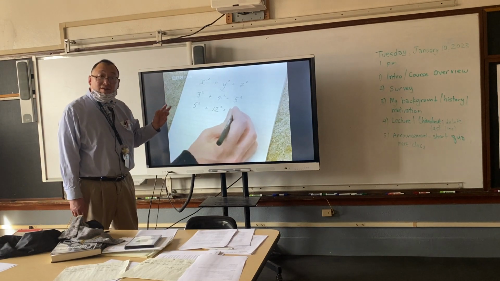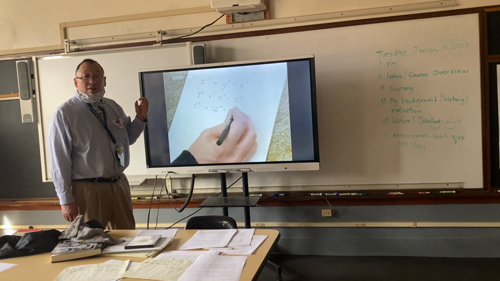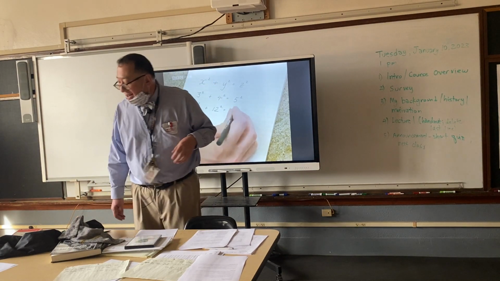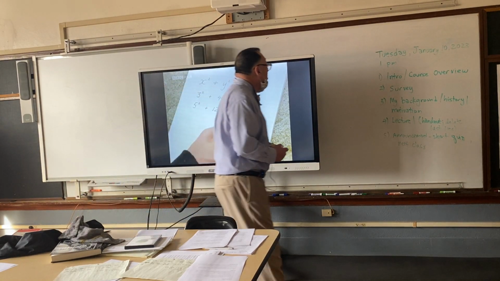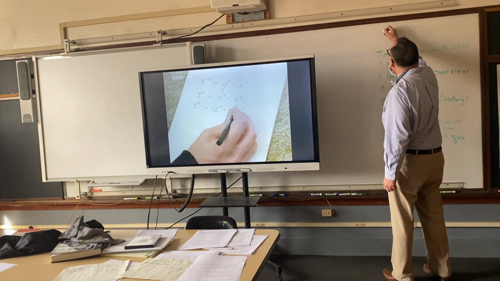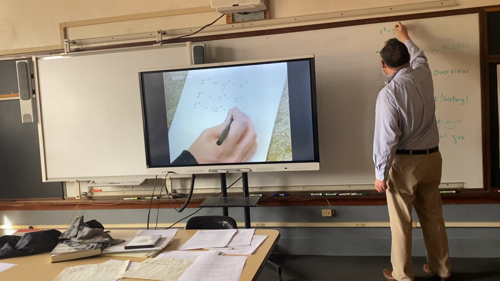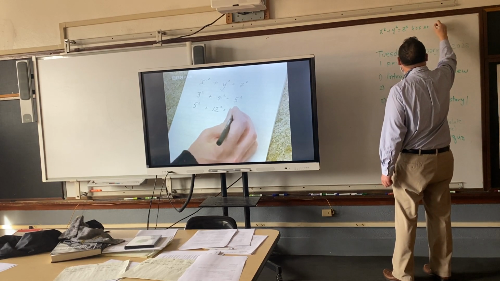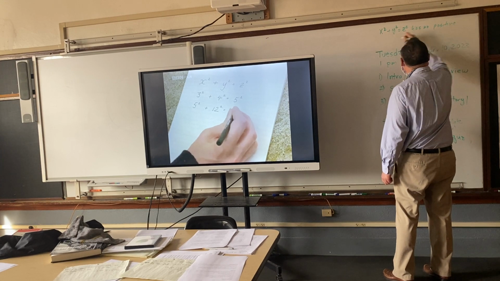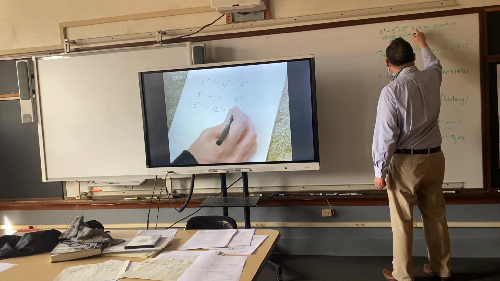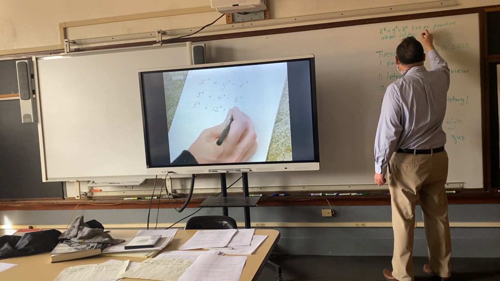And Fermat's Last Theorem states that there are no positive integer solutions to x to the n plus y to the n equals z to the n, where n is an integer greater than 2. So there's no x, y, and z that are positive numbers.